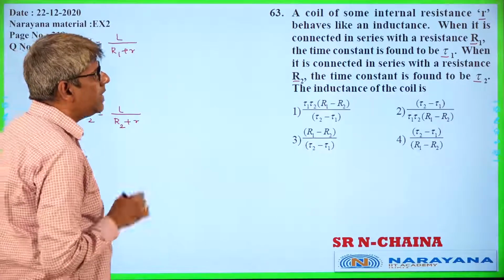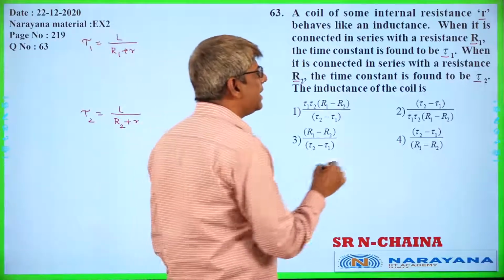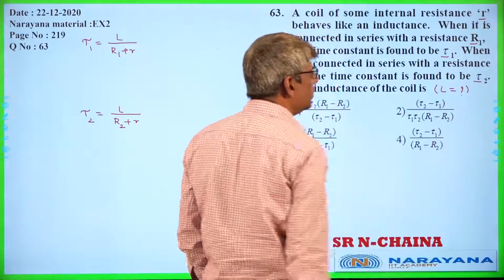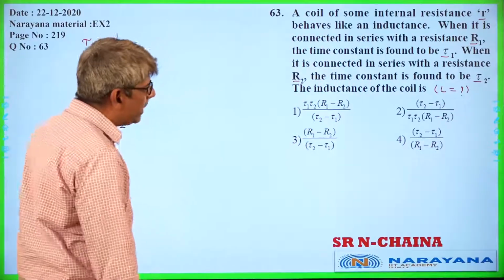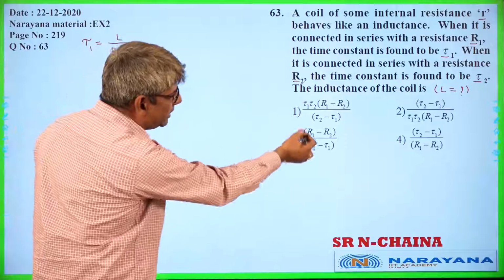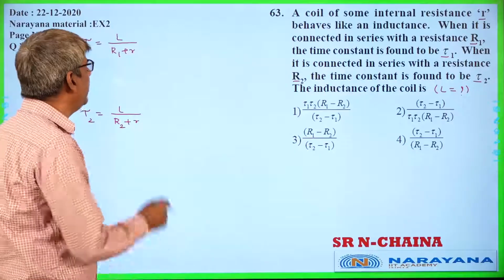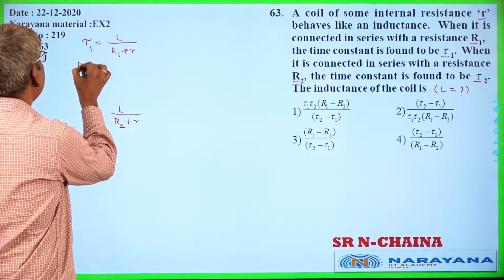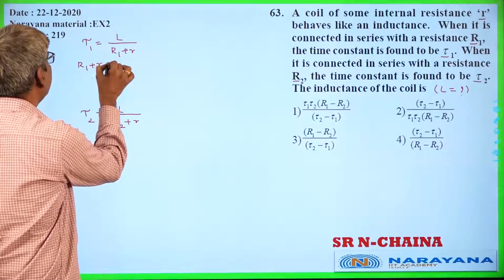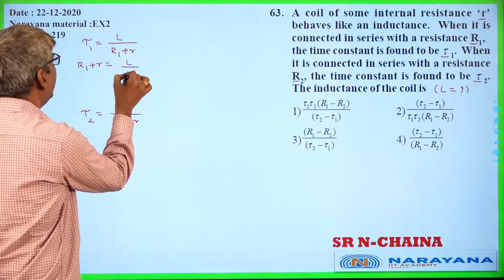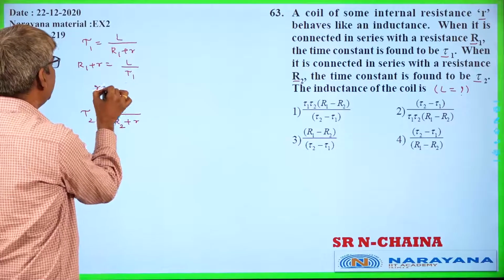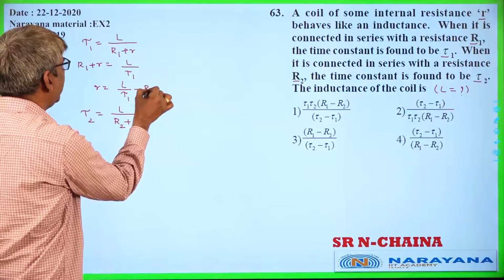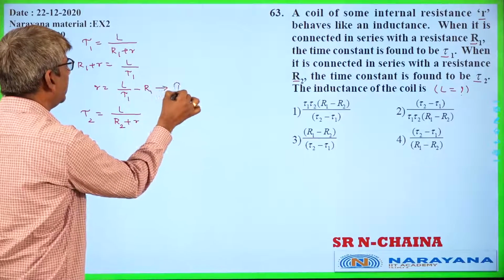Now it is asking finally for the inductance of the coil, meaning L is equal to how much? By observing the answers carefully, there is no internal resistance, so try to eliminate the internal resistance from this. To eliminate it, I can write R1 plus r is equal to L by tau 1. From this, r is equal to L by tau 1 minus R1, equation number 1.